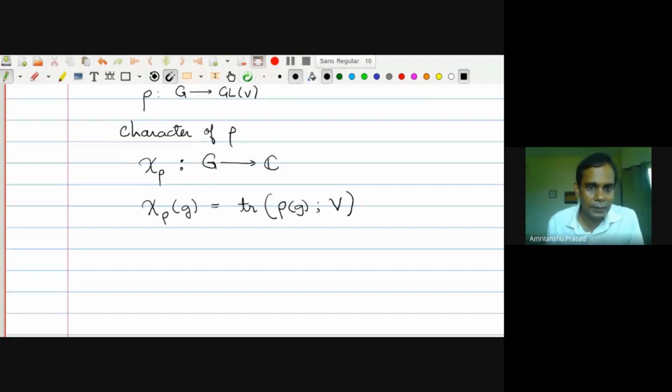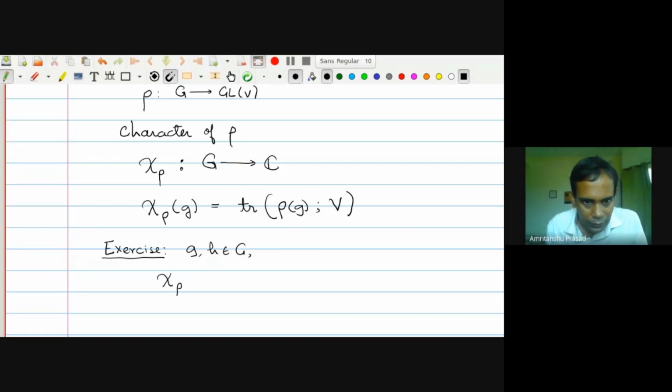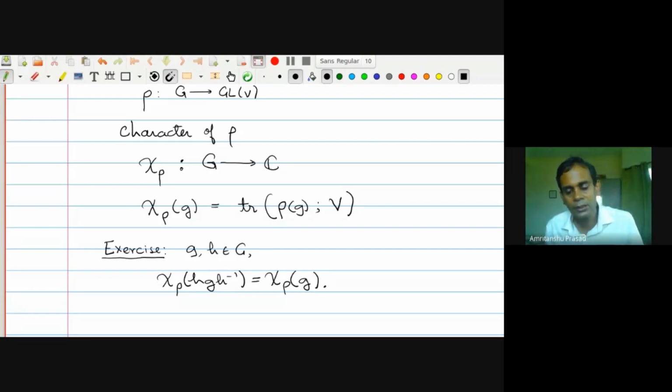And here's a nice exercise for you which you can try. Suppose you have g and h in G, then the character value at hgh⁻¹ is equal to the character value at g. This just uses the property of the trace, that trace of AB is the trace of BA. But it gives this identity on character values.